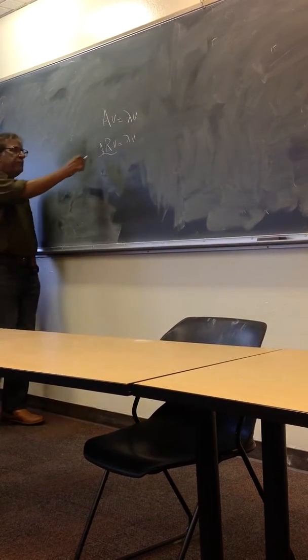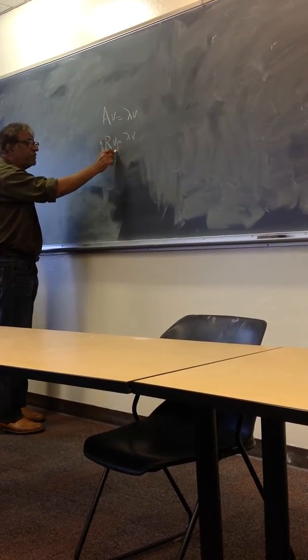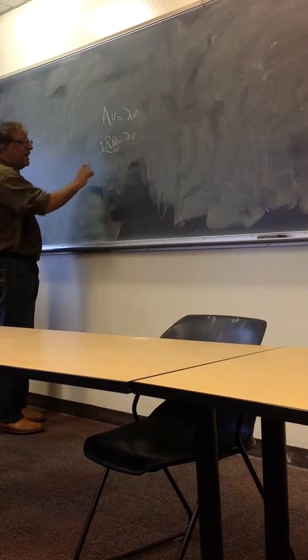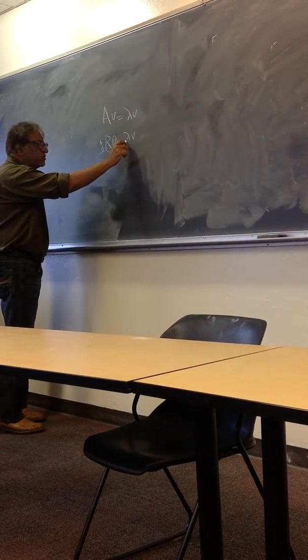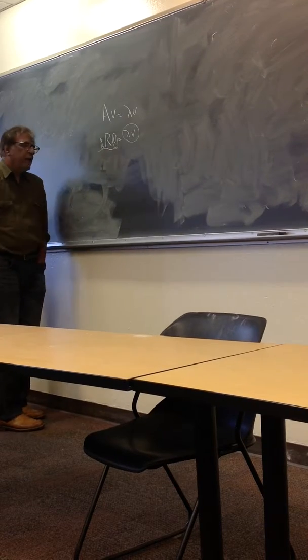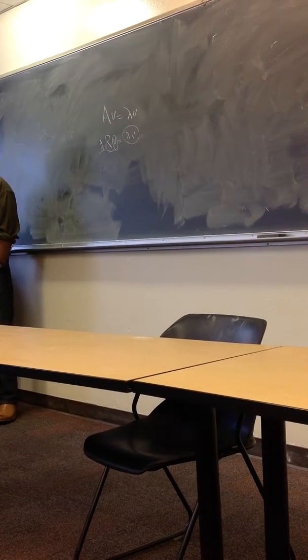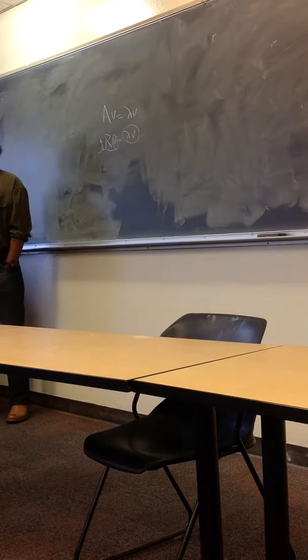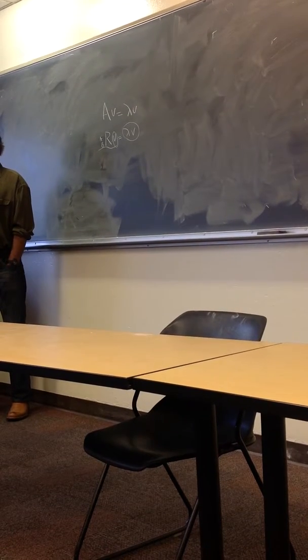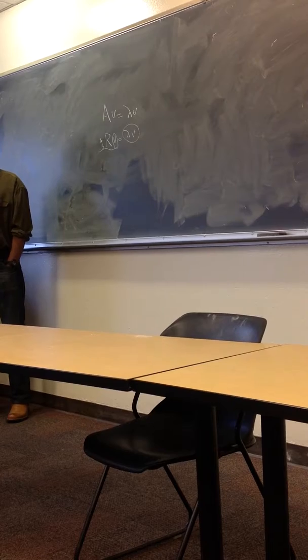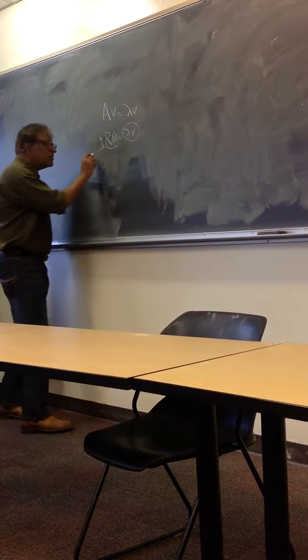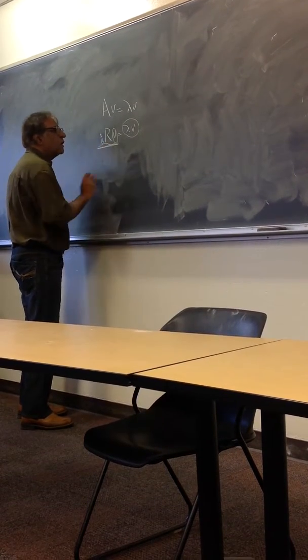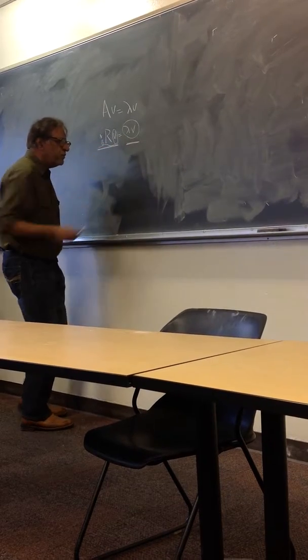So R B to A is an operator that operates on the vector V and produces another vector, lambda V, right? Lambda is a scalar. So what is this operation doing?